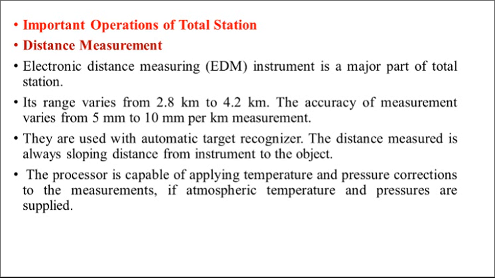Mostly when we are using the instrument in very cold or very hot climate, accordingly we have to apply the temperature and atmospheric pressure corrections, so that the waves which are traveling through the instrument will be accurate, and then the distances and angles measured will be accurate. So we have to apply these corrections depending upon the atmospheric conditions prevailing in that area.